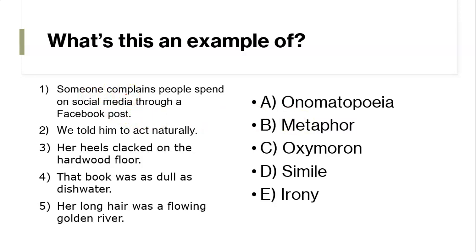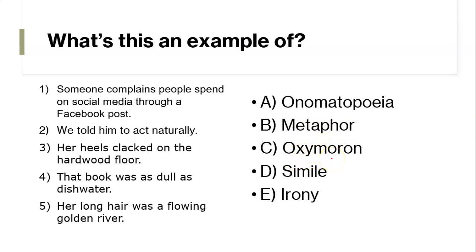Number 1: someone complains that people spend too much time on social media through a Facebook post. So they're complaining that people spend too much time on Facebook, but they're on Facebook when they're complaining. That is an example of, well, onomatopoeia is a sound word. Metaphor is a comparison, not using the words like or as.